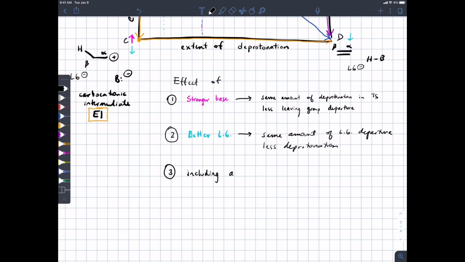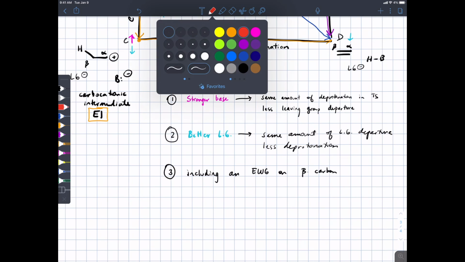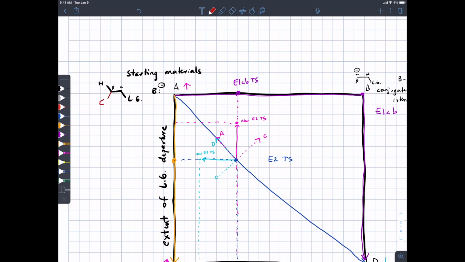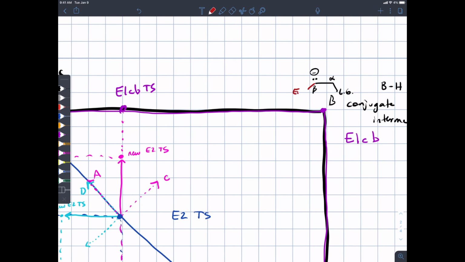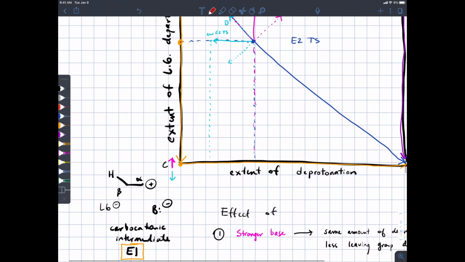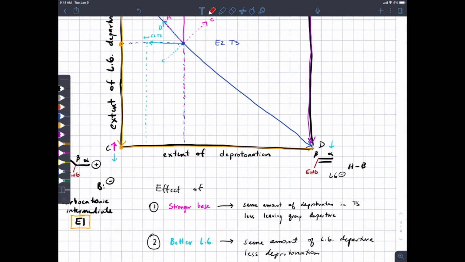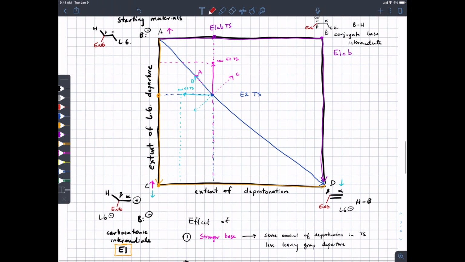including an electron withdrawing group on the beta carbon. So let's imagine what that would do. Let's add an electron withdrawing group here, and let's consider what that would do and what effect that would have on our various corners.